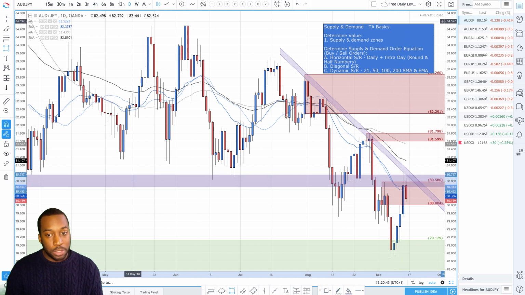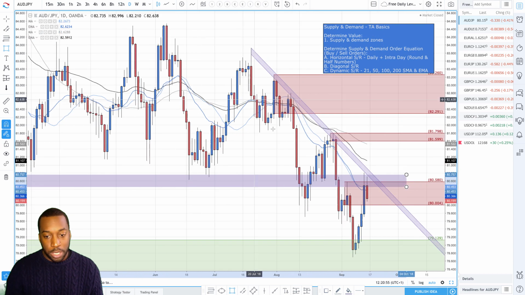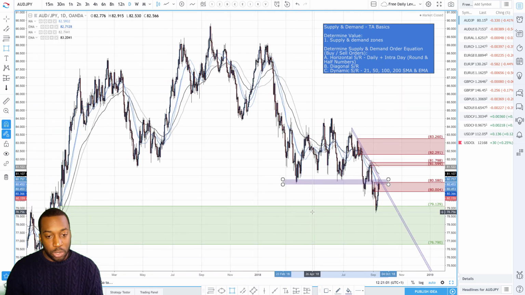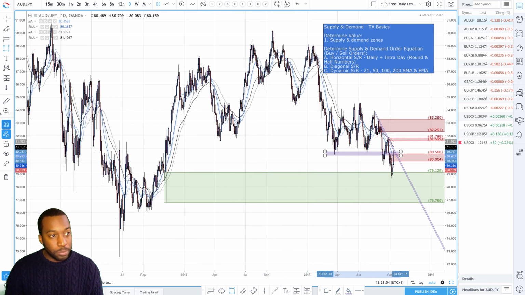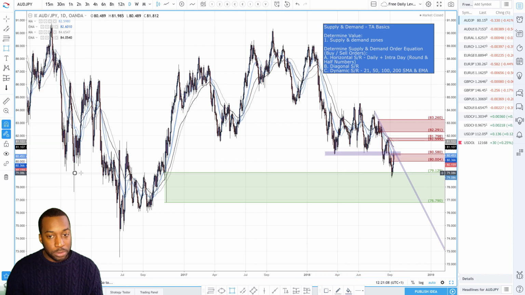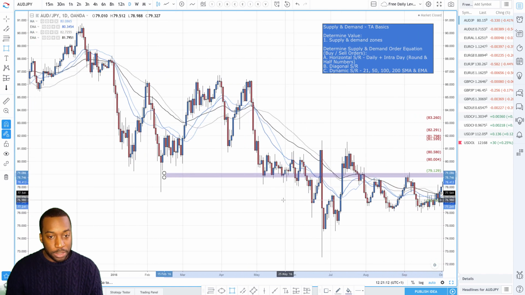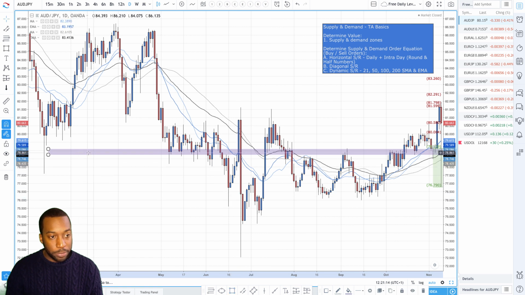So right now, if you trade off the daily, and that's the type of price action you want to see, then look to get potentially short. If you're looking to get long, then anywhere around this pretty 79 round number would be where you're looking to potentially get long. It looks like we have created a bit of support and resistance again within this zone here.